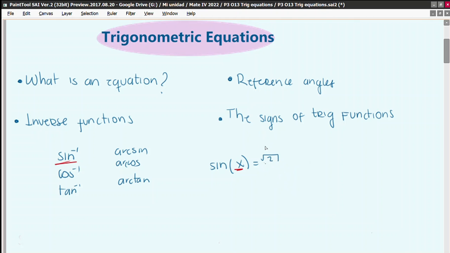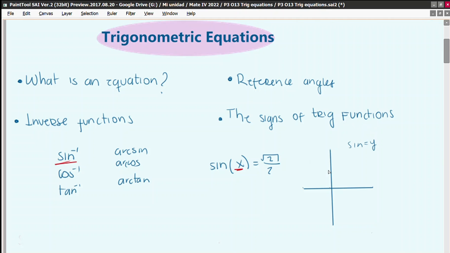the sine of x equals the square root of 2 over 2. Just let's think about this. Where does sine give me the value of square root of 2 over 2? If you think about it, sine equals y.